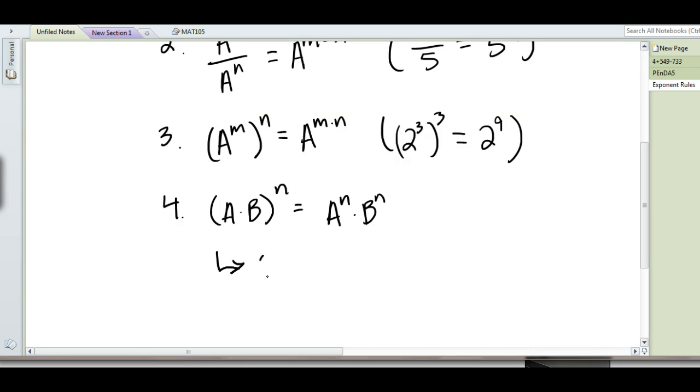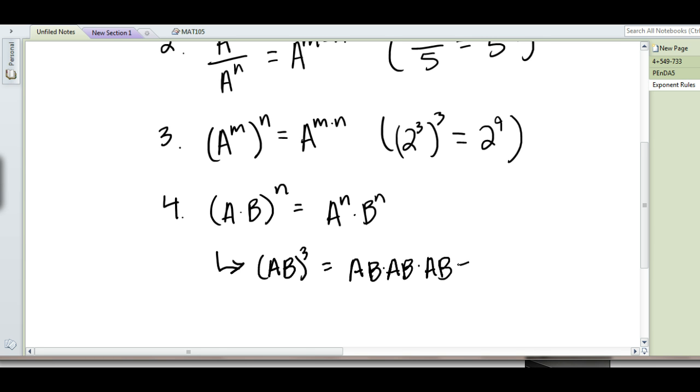Let's say we have AB, and let's just raise it to the third power rather than the nth. Well, what does this really mean? This means we're doing AB times AB times AB. And since everything is multiplied together, it really doesn't matter which order you do it in, right? 2 times 3 is the same thing as 3 times 2.